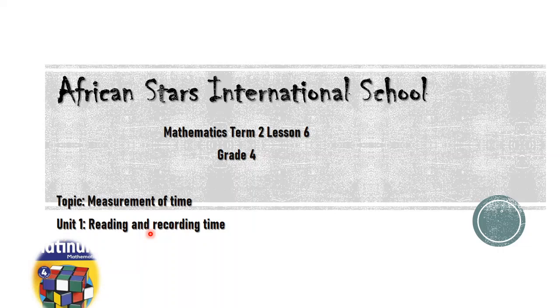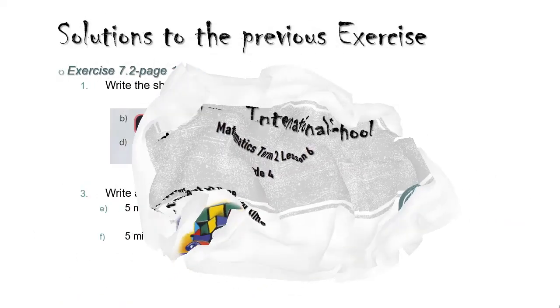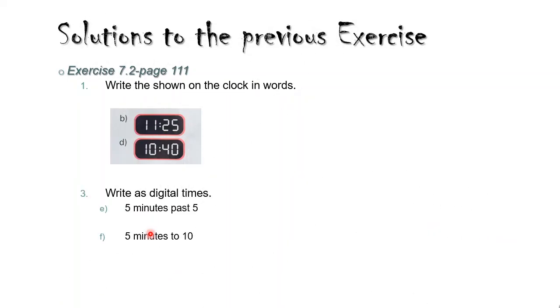Then in lesson 5 we talked about recording time on digital clocks. Today we are going to look at calendars and timetables in this unit. But before we start our lesson, let us look at solutions to the previous exercise.